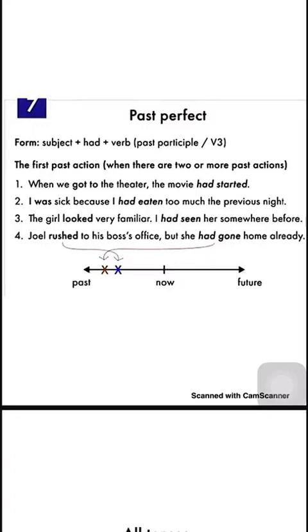When Joel rushed to his office, the boss had gone home already. Clear? So this is all about the past perfect. So we can say that in the past perfect there are usually two past actions. One is in the simple past form and for another we have to use the past perfect, which is subject plus had plus third form of the verb. Clear?